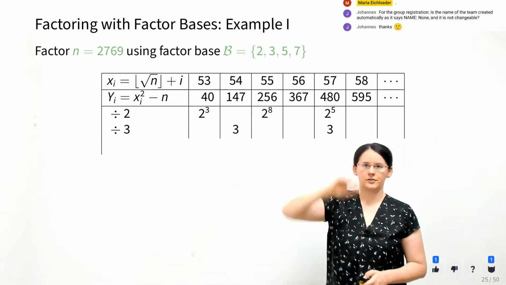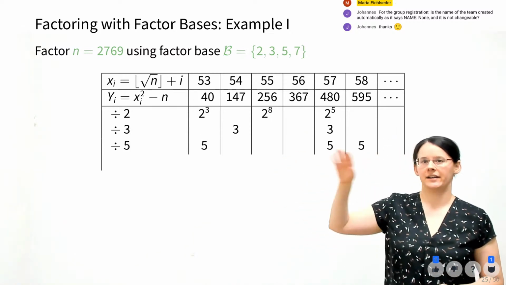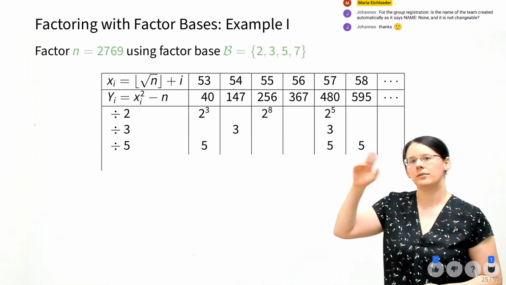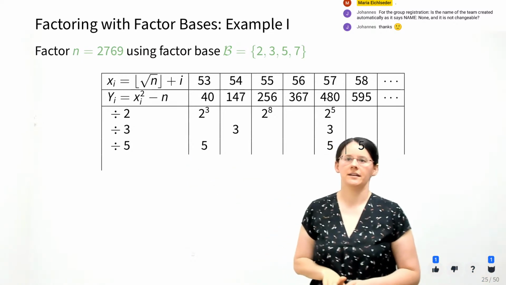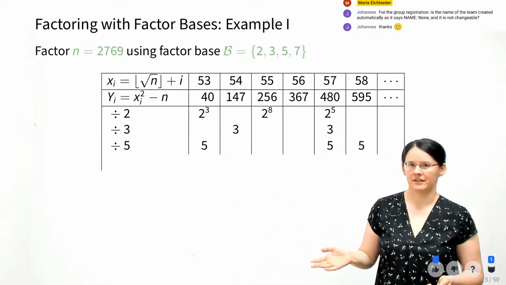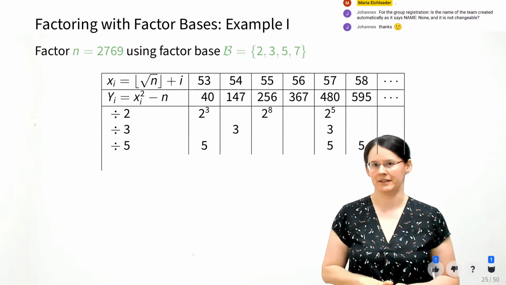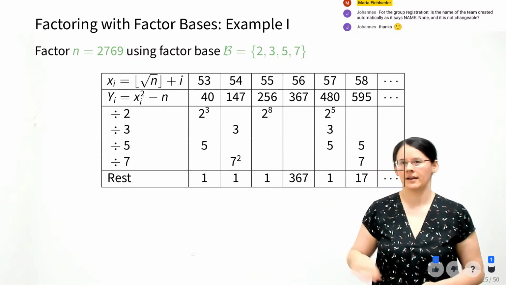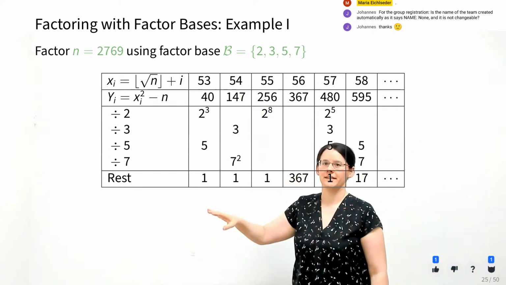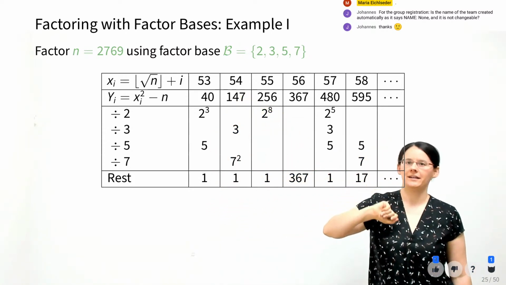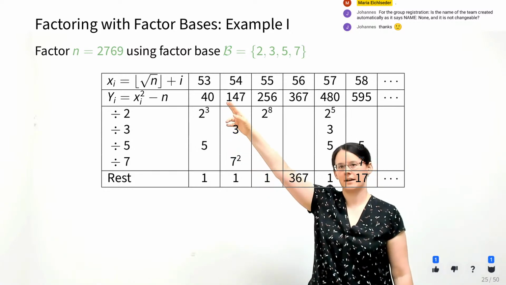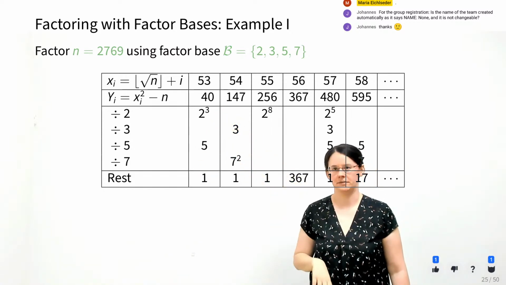For the rest, I still try dividing by 3, then dividing everything by 5, and so on. I only wrote down the largest exponent of a number that did fit in. So if it's empty, it means the number was not divisible by this. And at the end here, I'm writing the remainder that I get if I divide this number by all of these here.